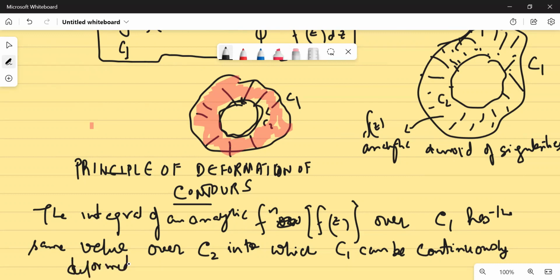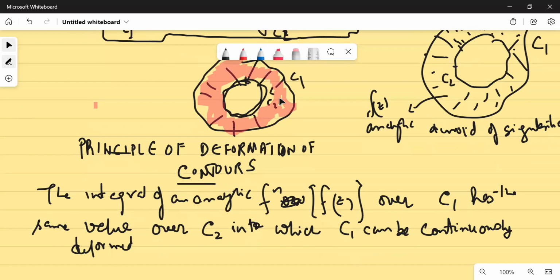So the value of the C1 integral is equal to the value of the C2 integral.